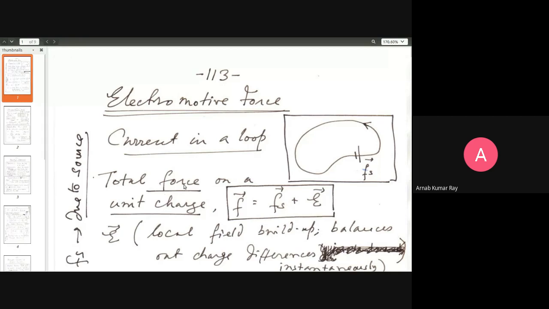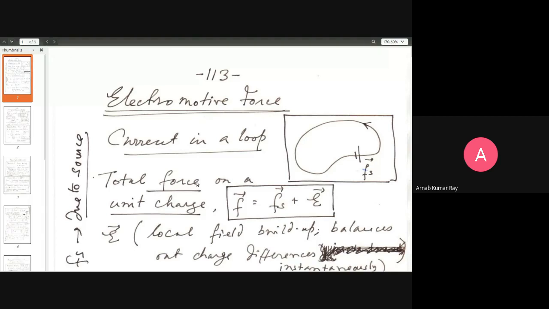Prior to that, we had finished discussing the Maxwell equations, both in electrostatics and in magnetostatics. Electrostatics as in charges are fixed. Magnetostatics as in the current producing the magnetic field is a steady current.